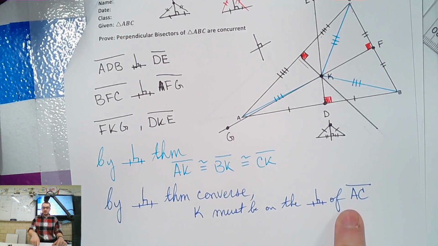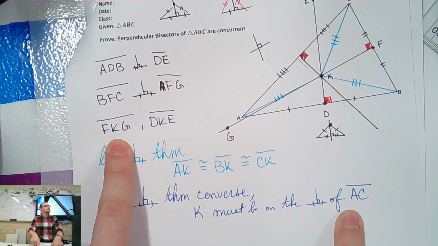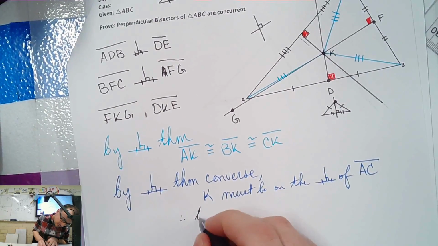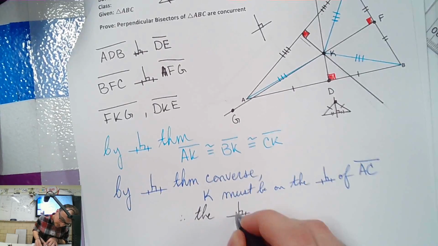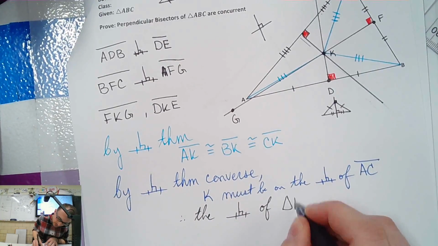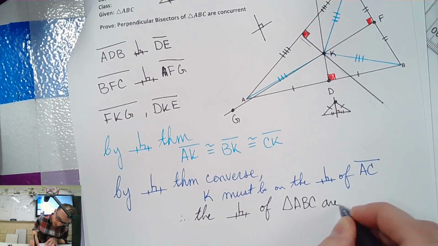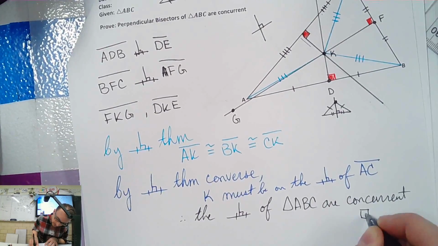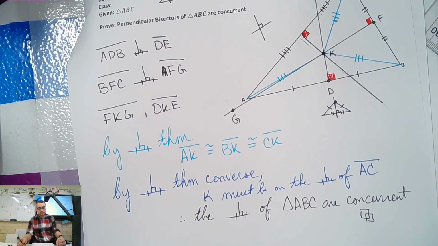K is on this guy, he's on this guy, and that guy. So they must all intersect at K. Therefore, the perpendicular bisectors of triangle ABC are concurrent. And where are they concurrent at? K, right? I don't need to write that because that's not what they wanted. But they must all intersect at K.